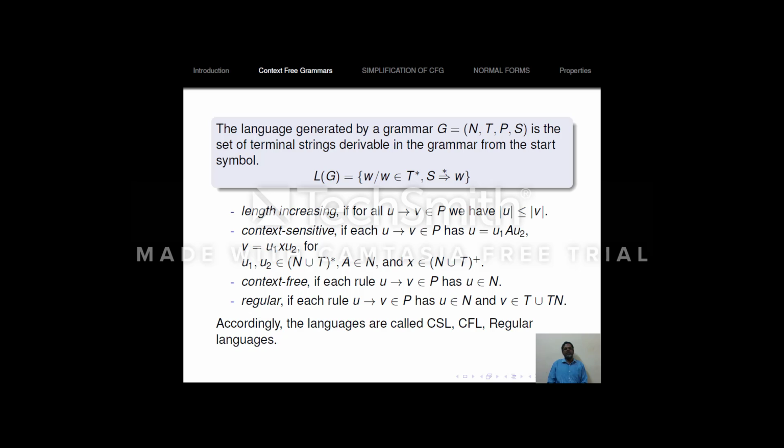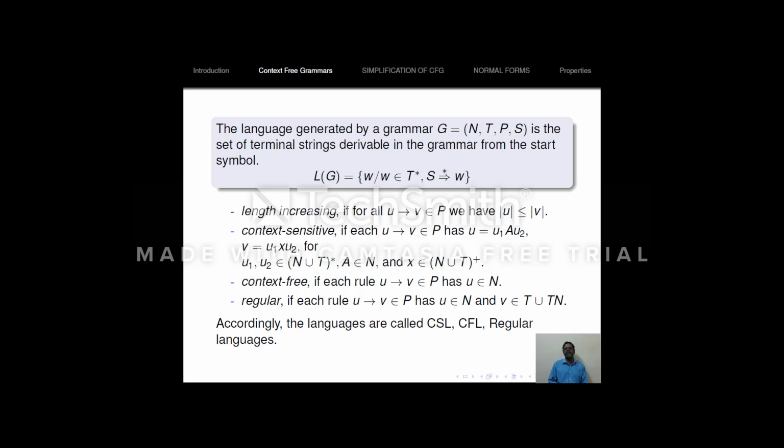Coming back to the regular grammar, every rule should be of the form U goes to V, and as told in context-free grammar, we have U an element of non-terminal, and the right hand side content may be exclusively a terminal.